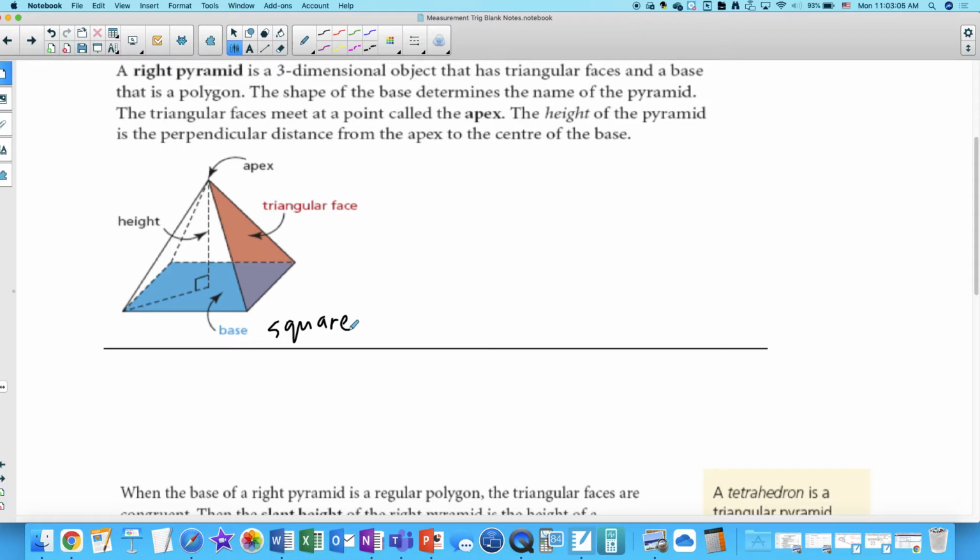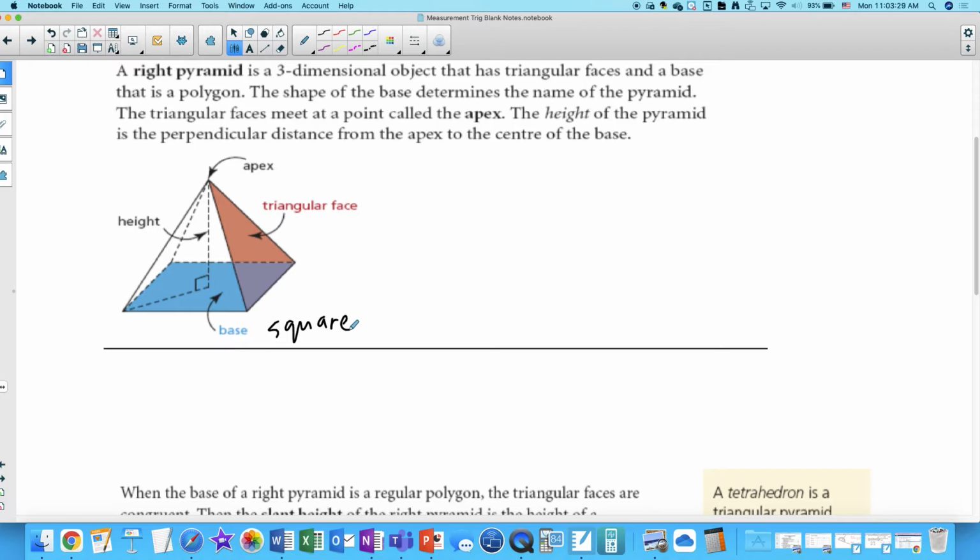And then basically one end is a polygon, the other end is a point. And so you have triangles that come up to that point, and that point is called the apex of the pyramid.